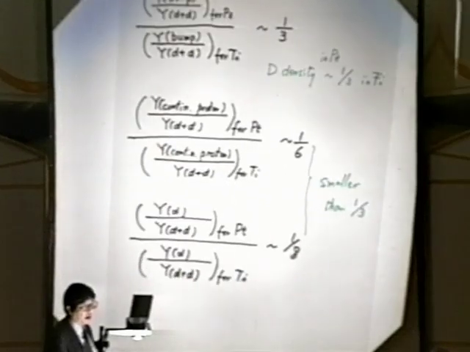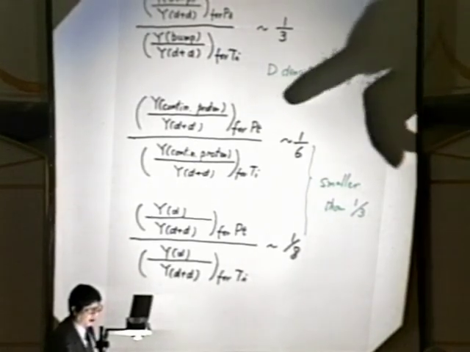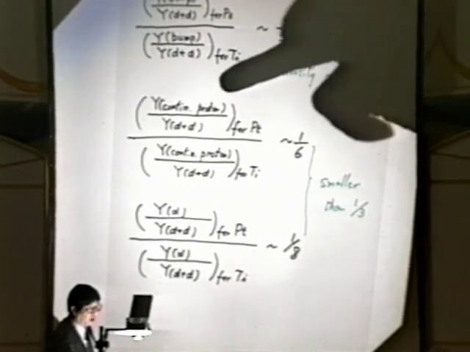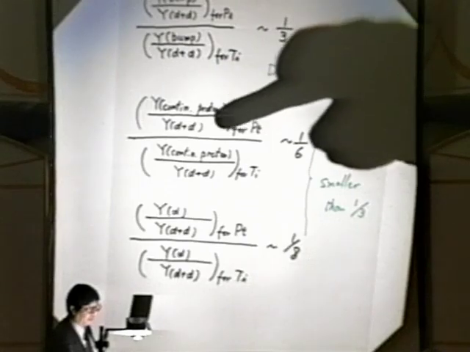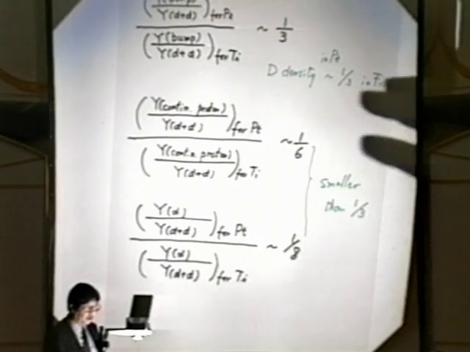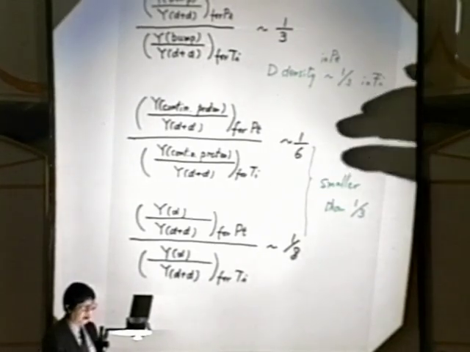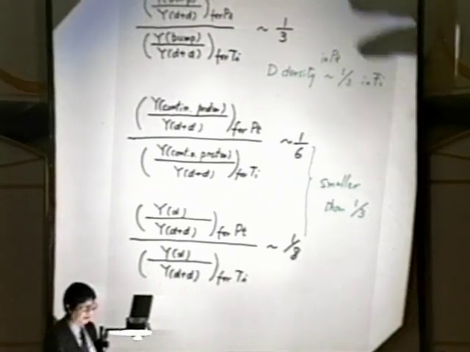And now, for the three-body reaction product, for example, continuum proton, the yield of continuum proton divided by the usual reaction process, for platinum and for titanium, is not the same as this one.